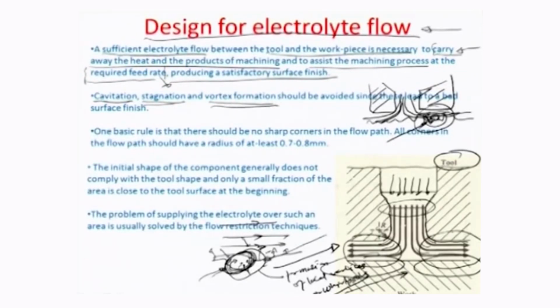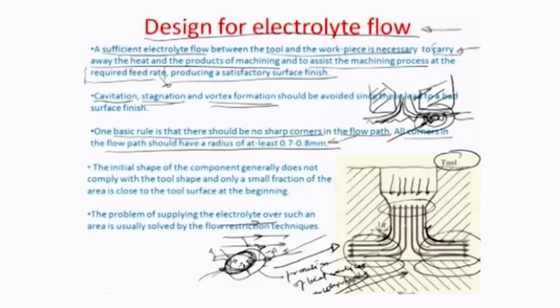So, one basic rule that is followed is that there should not be any sharp corners in the flow path. All corners in the flow path should have a radius of at least about 700 to 800 microns. For example, you can see there is a chamfering here at the corner just for introducing this concept of laminarity of the flow which is guided from this corner.